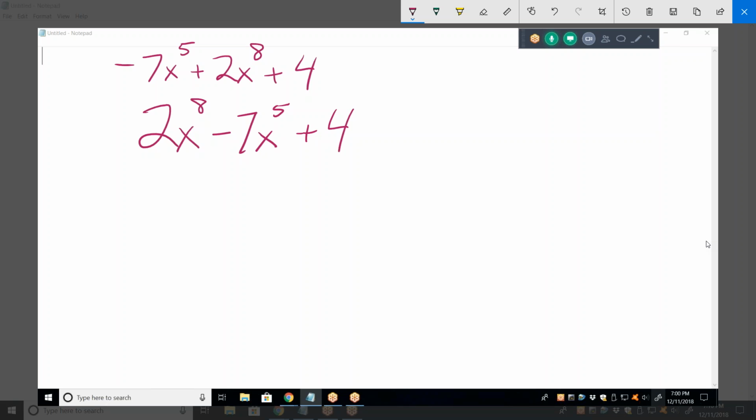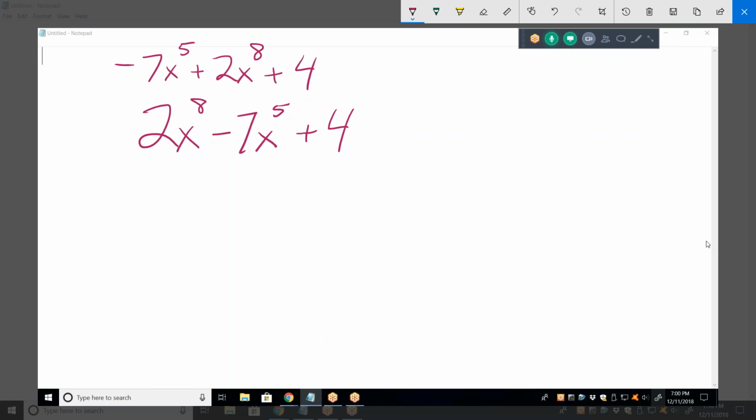Left-handed end behavior. What is it? The end behavior would be negative. And the answer needs to be negative or positive infinity. So it'd be negative infinity.